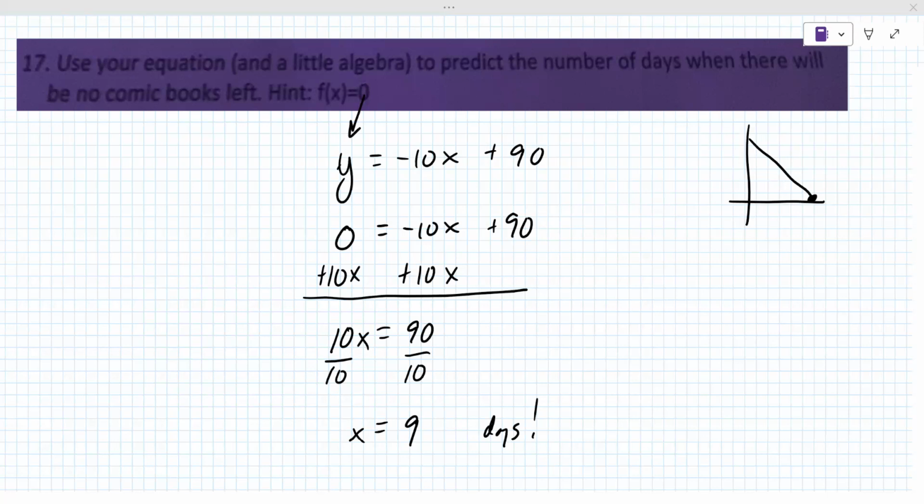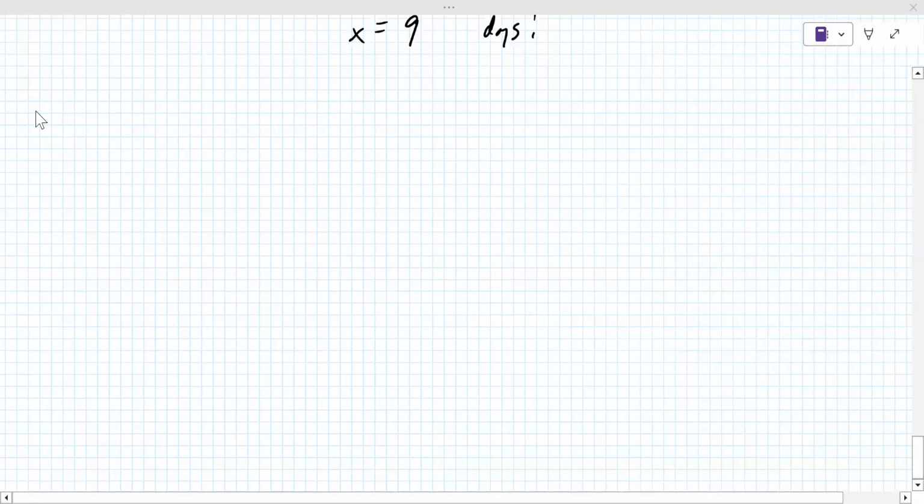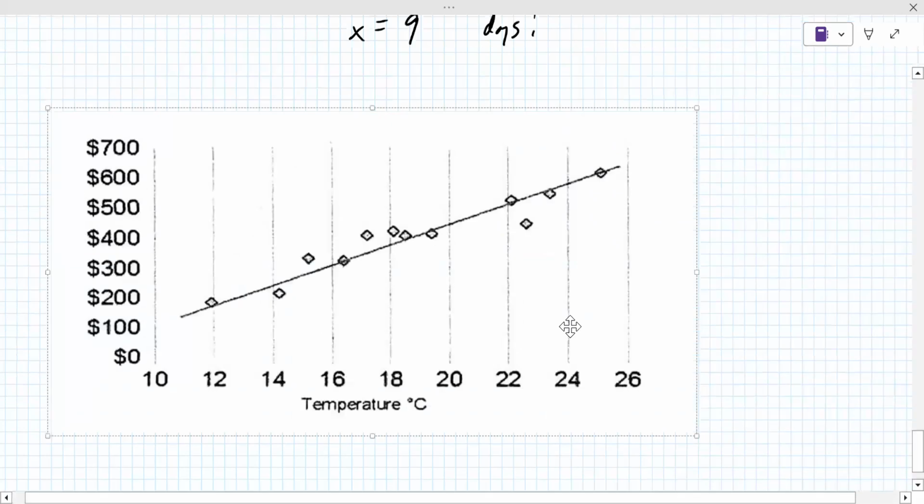All right, let's look at this one here. We'll just go through and get as many done as we can where we ask the same questions. So here's a new graph for you to look at.